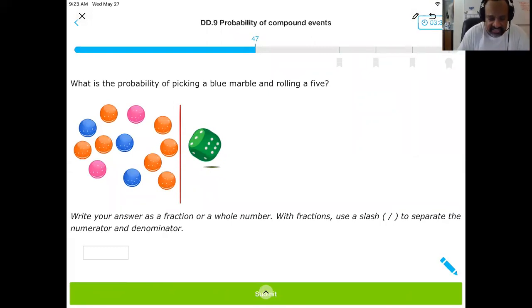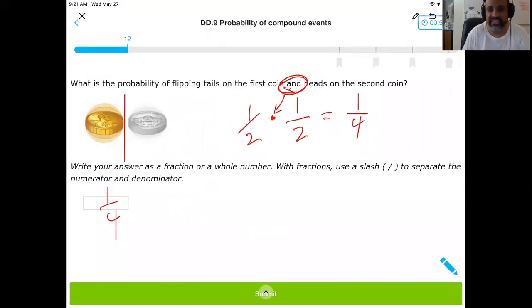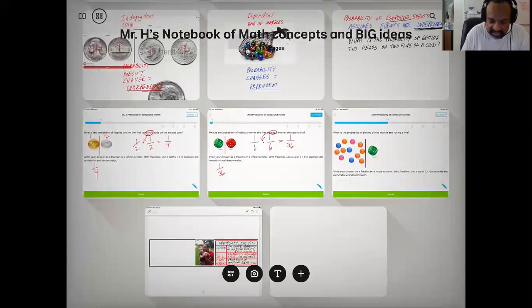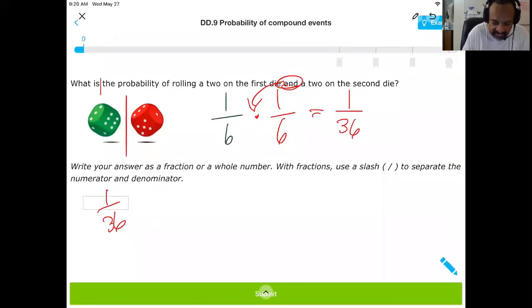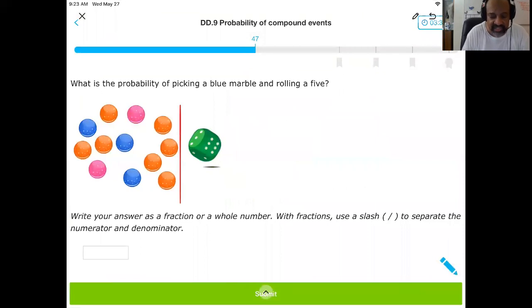I put a little line between the coins to indicate that those are separate events. Event 1, event 2. First die is event 1, second die is event 2. Here, the marbles are one event, and the die is the second event.